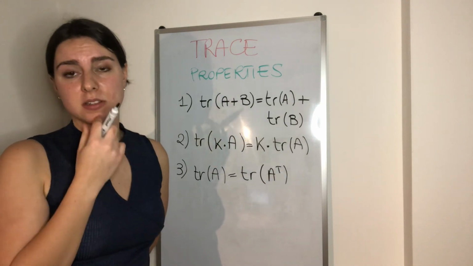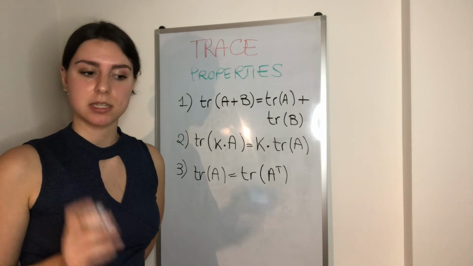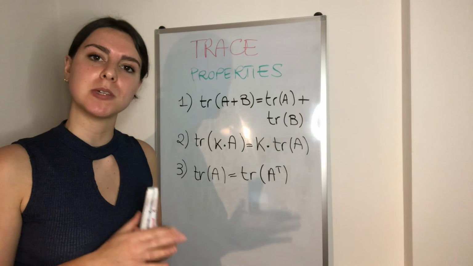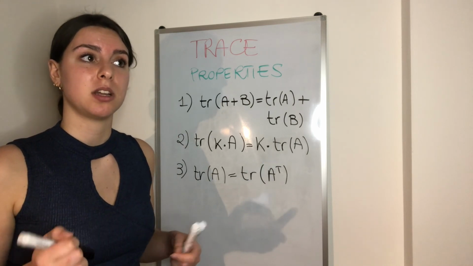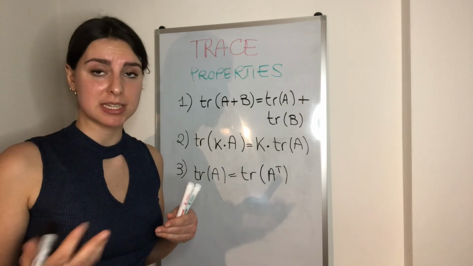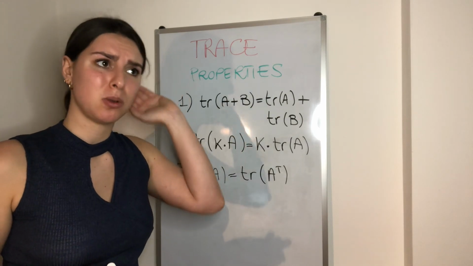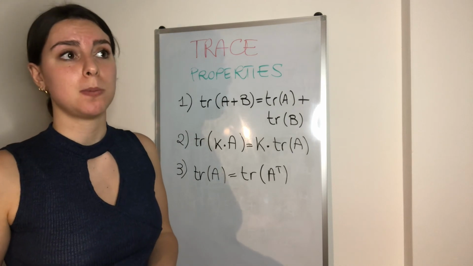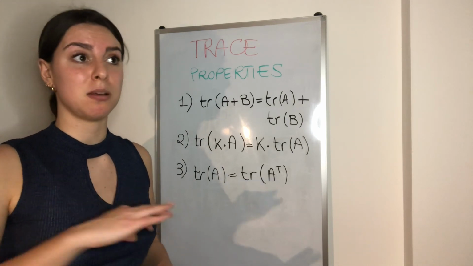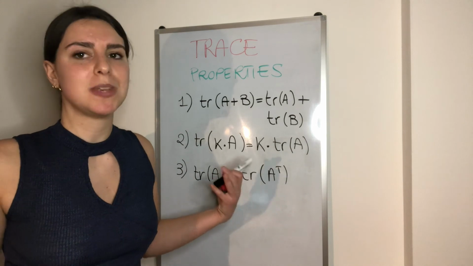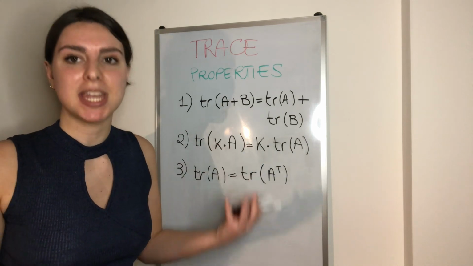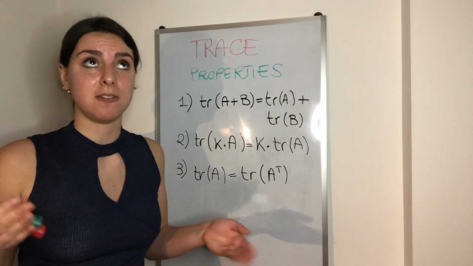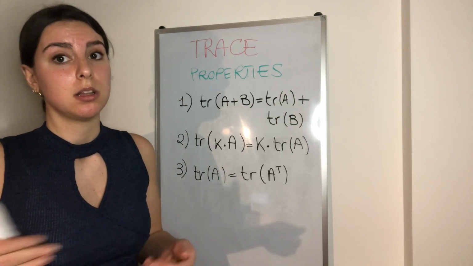I know we haven't talked about transposition yet, but this is quite easy because when we are transposing a matrix, we are actually rotating the matrix, but with respect to the diagonal, that doesn't change. So basically the trace is all about the diagonal, which means we don't really see any change in that because the diagonal is still the same even in the transpose.